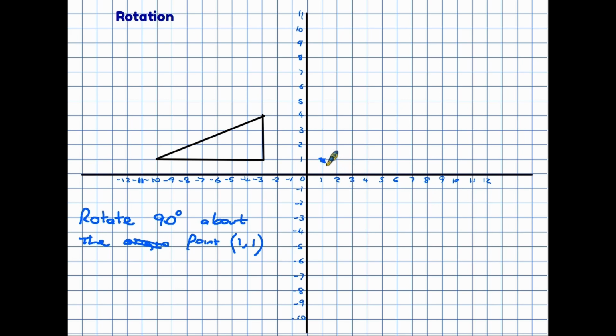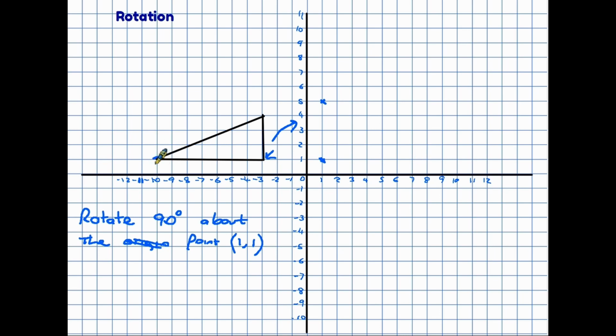Let's have a look at the triangle again and pick a corner, this bottom corner here. We are now looking at the movement from the new point of rotation across to this bottom corner, and we can see that it's gone back 1, 2, 3, 4 squares and then it hasn't moved. So if we take that motion of 4 squares and we move it 90 degrees, it's going to become 1, 2, 3, 4 squares in this direction.